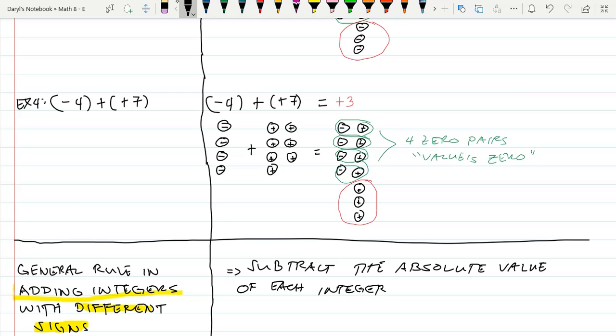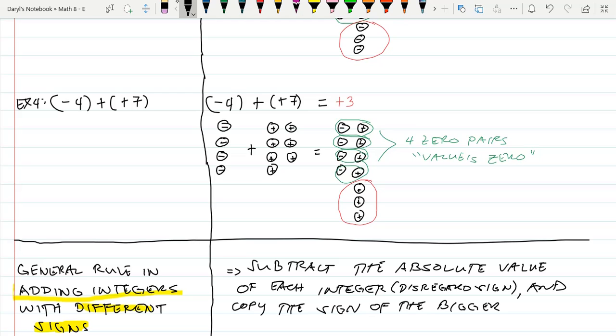Again, when you say absolute value of each integer, disregard the sign, and we copy the sign of the bigger absolute value.